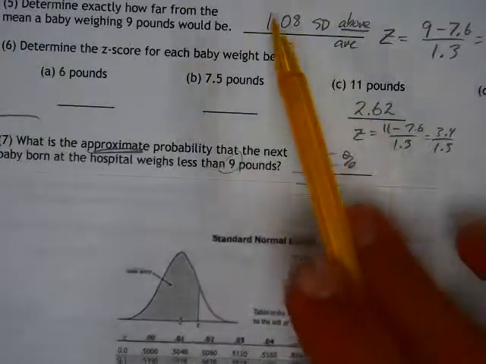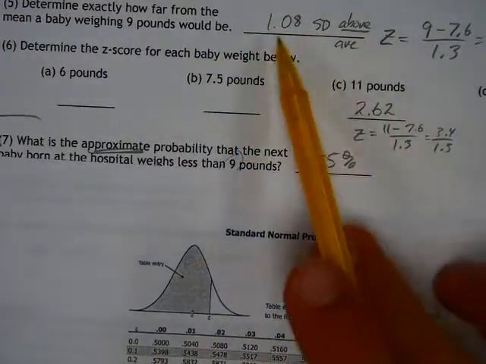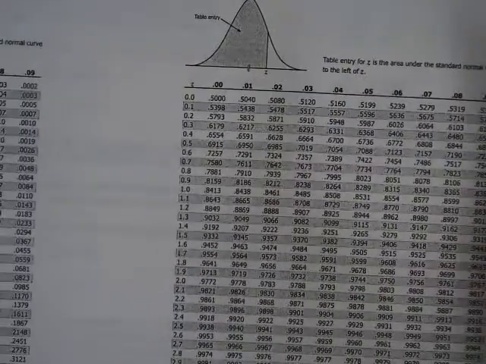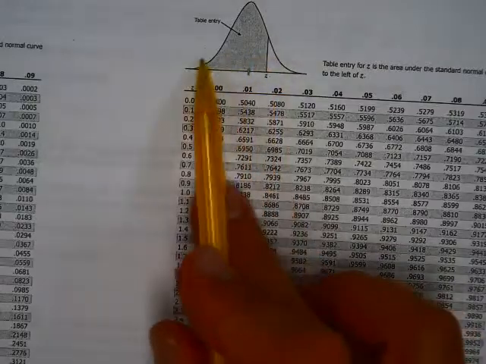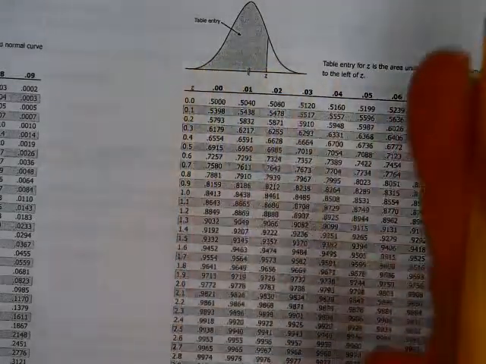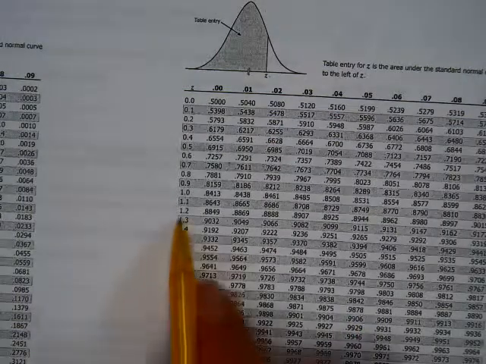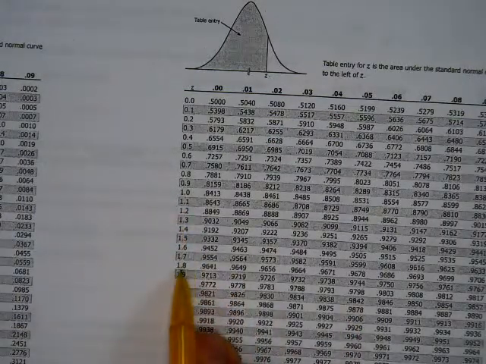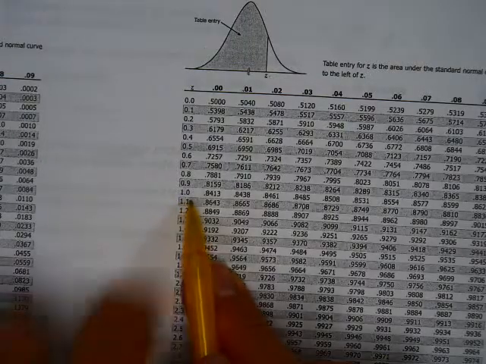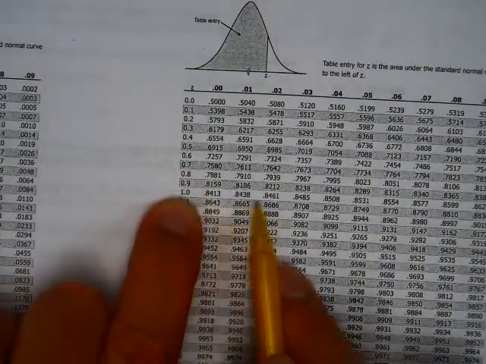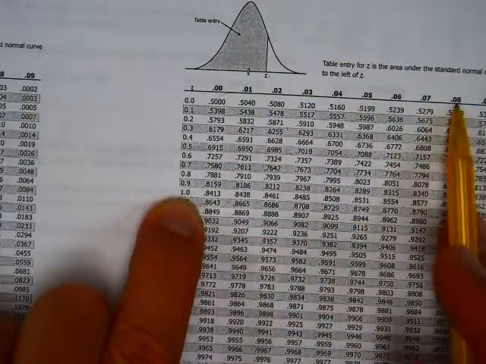Again, the question is, what's the probability that a baby weighs 1.08 standard deviations above average or less? The 'or less' means that it's shaded to the left, so we're looking at only values that are that much or less. There's my 1 point section, 1.08. I want the 1.0 here, but then on that white row, you cruise all the way across until you get to your 0.8.